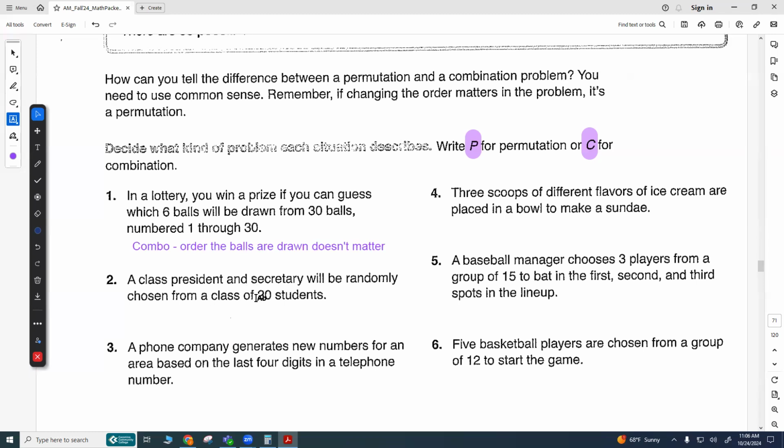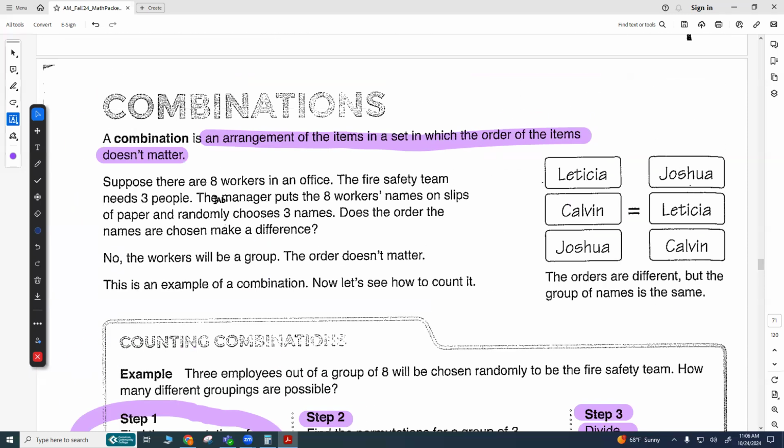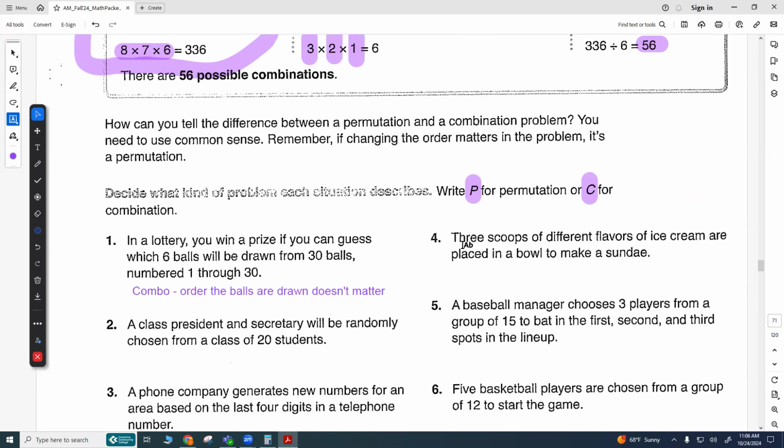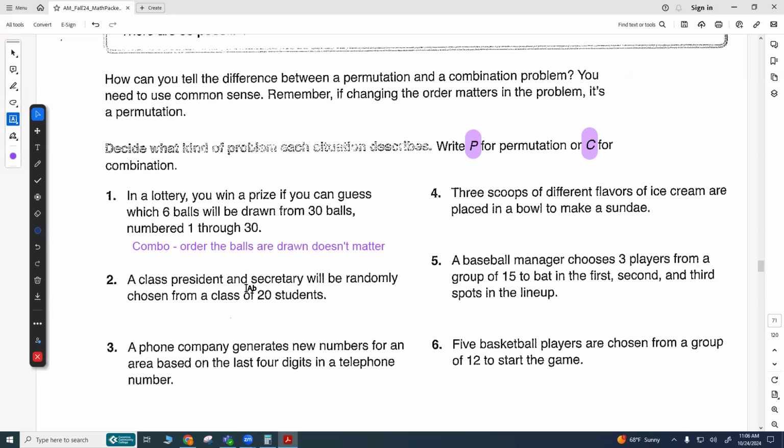Does the order matter in this scenario? Are they going to choose class president first and then secretary? Or are they just going to pull out 2 names and they're together? Because remember up here, they were chosen randomly, but they're all equal on a team. Is that the same thing going on here?